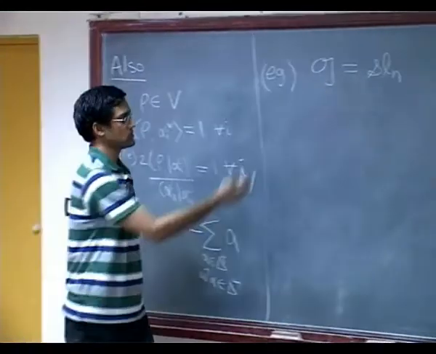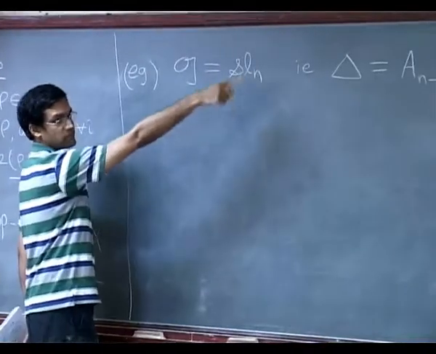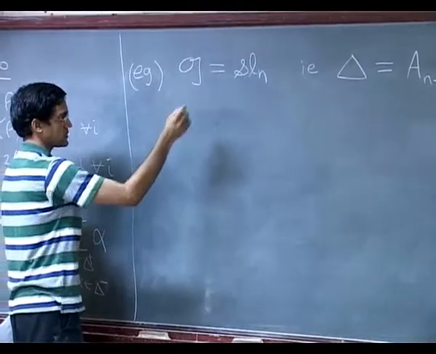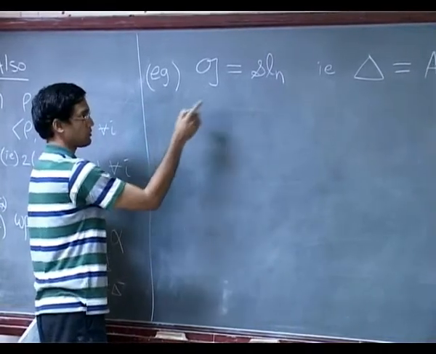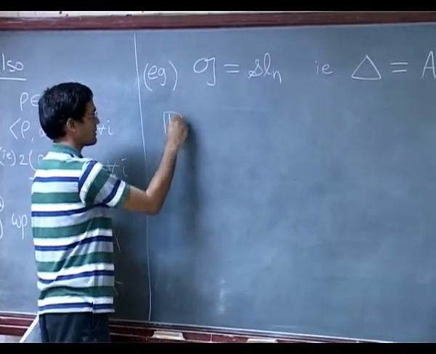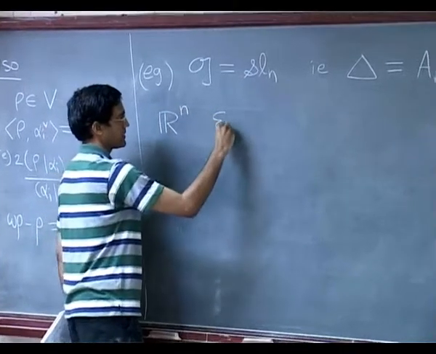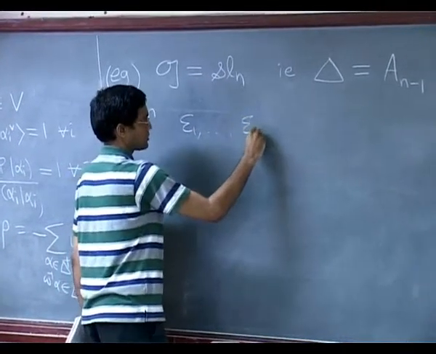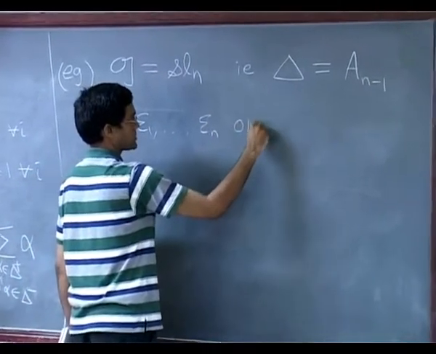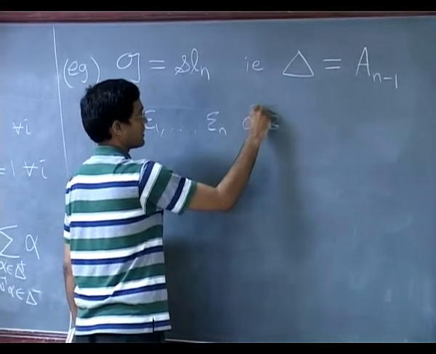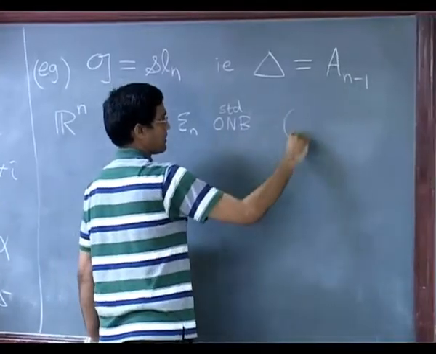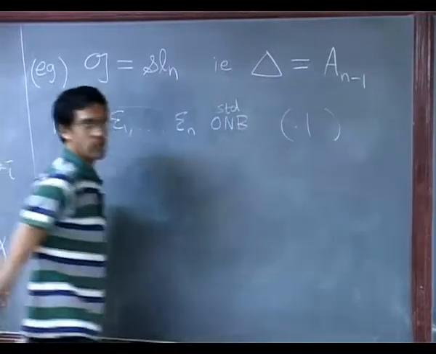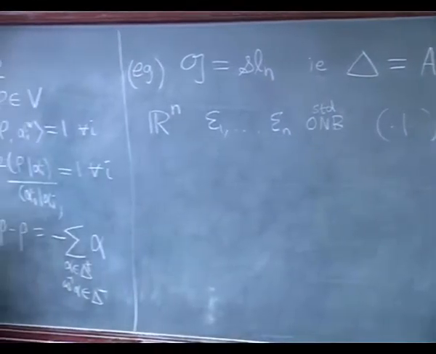Since we worked that out in full, let's do it in terms of root systems. So remember, the root system is given as follows. You start with R^n with basis epsilon 1 through epsilon n, the standard orthonormal basis, and let's call the standard form on R^n by that.